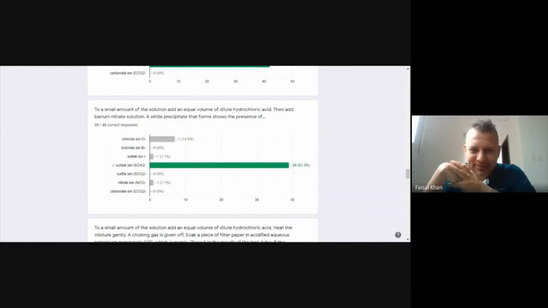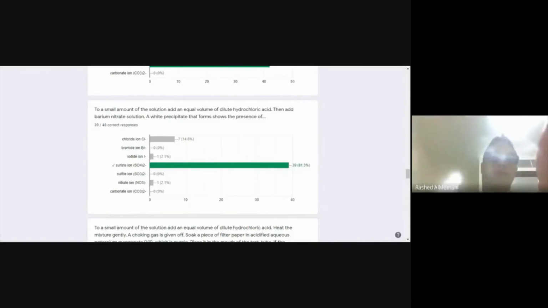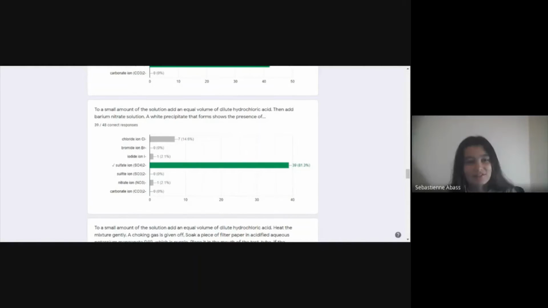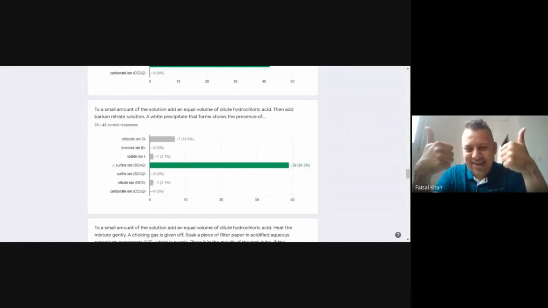We have to think about this. Seb, what do you think? Because if you're testing for sulfate ions, then it's going to give an incorrect reading because there obviously will be sulfate ions in sulfuric acid.